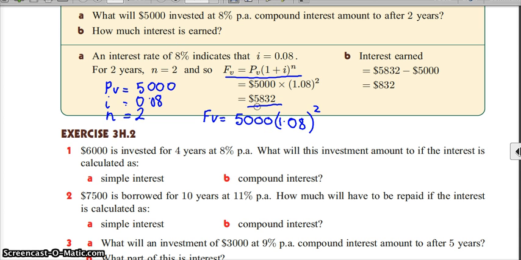That total there includes your 5,000 that you invested at the start. Okay? So that's not interest, that's your money. That's money that you started with. So the amount of interest that you earned was the future value, what your 5,000 grew to, subtracted from your 5,000. Leaves you with $832 in interest.